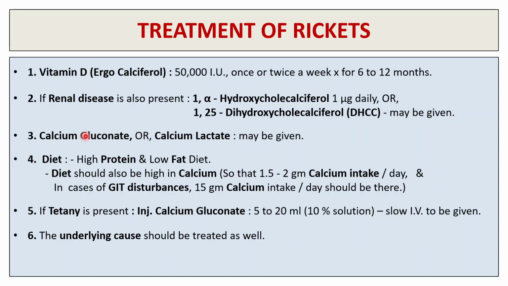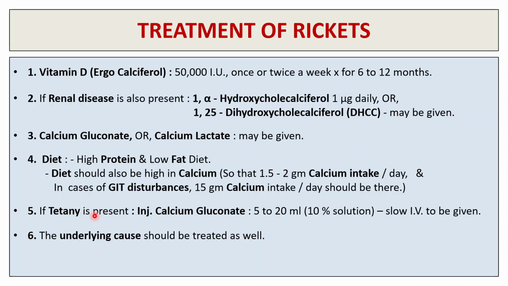Calcium gluconate, calcium lactate may be given. Diet should have high protein and low fat diet. Diet should also be high in the calcium so that 1.5 and 2 gram calcium intake per day has to be maintained. And in cases of GIT disturbances, 15 gram calcium intake per day should be there.